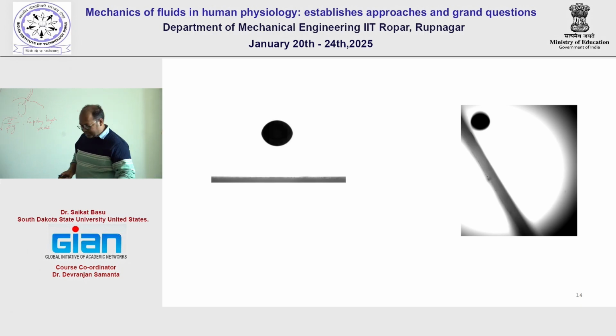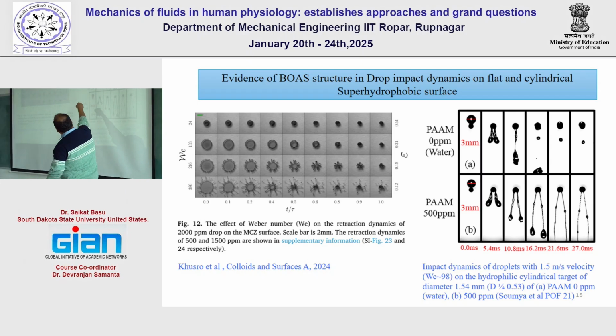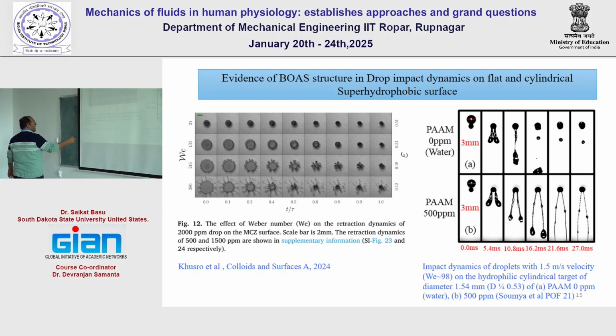Here is again Khusro's recent paper. He has shown the effect of Weber number on the retraction dynamics of a 2000 ppm drop on the NCZ surface. NCZ is a different kind of superhydrophobic surface. You can see here that at the lowest Weber number, it just drops.